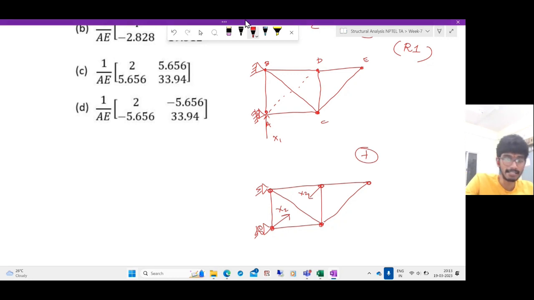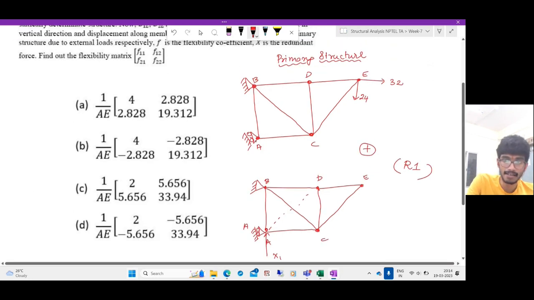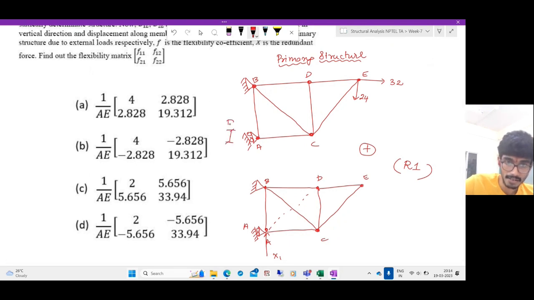Now, what is the compatibility condition in this case? The compatibility condition is that the vertical displacement of the point A due to the superposition of all these cases should be equal to 0. Let us say under this condition, the joint A displaces by d1L, and there's a mismatch of d2L in the diagonal.